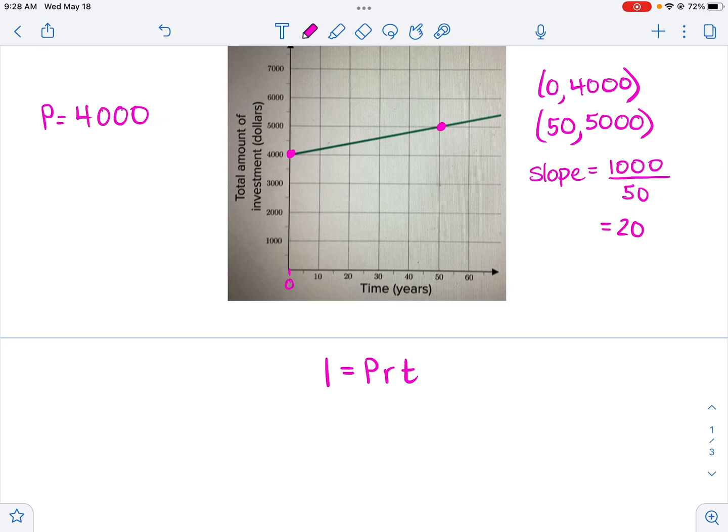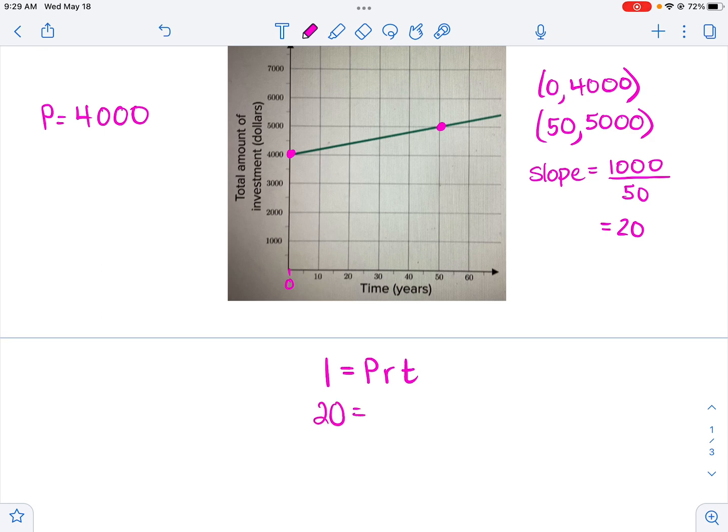Maybe I don't want the slope. What would the slope be? The slope would be the total amount of an investment divided by, so it would be like $20 per year. Okay, so I could use the slope because I know I'm earning $20.